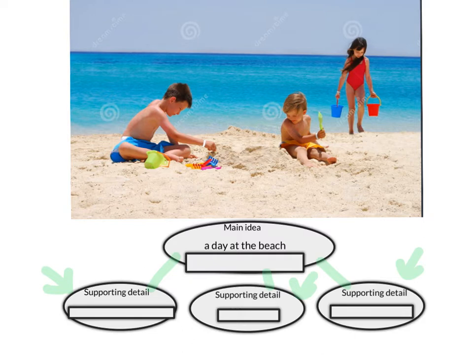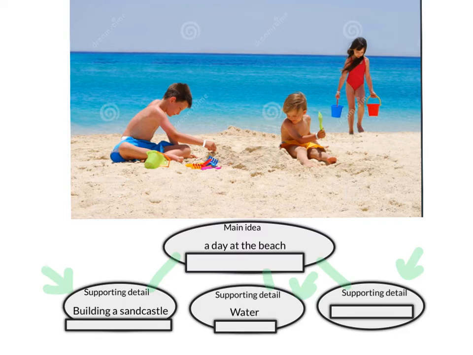So the first supporting detail that I noticed was that they are building a sandcastle. Another detail I looked at was that there's water in the background. And another supporting detail is that the girl is carrying some buckets for water.